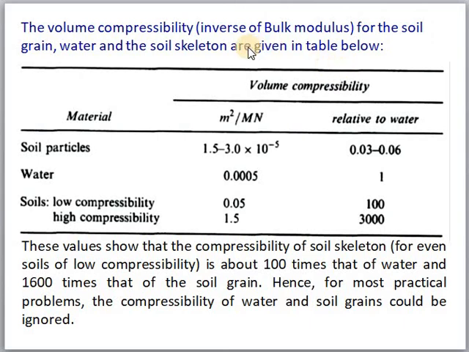We know that the volume compressibility is the inverse of the bulk modulus. The compressibility of the soil skeleton is about 100 times that of water, and almost 1600 times that of the soil particles. Hence for most practical problems we need not consider the compressibility of water as well as the soil grain. We can only consider the compressibility of the soil skeleton.